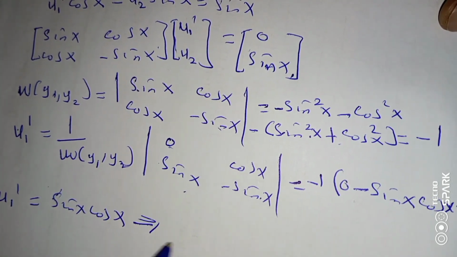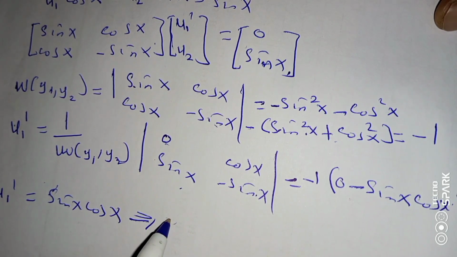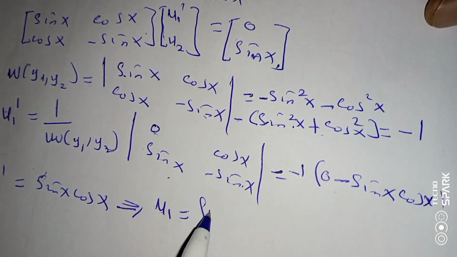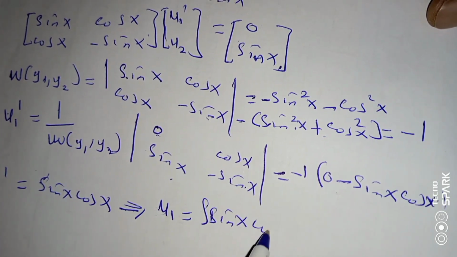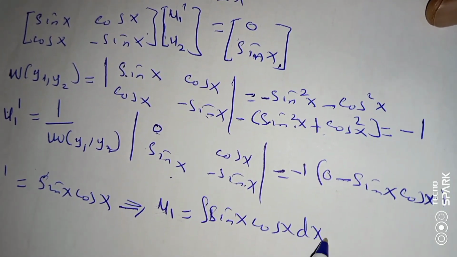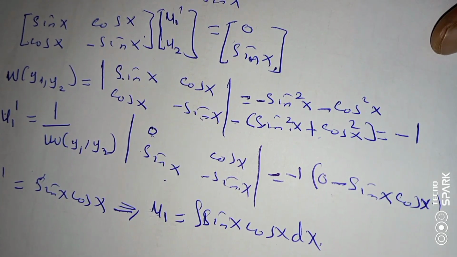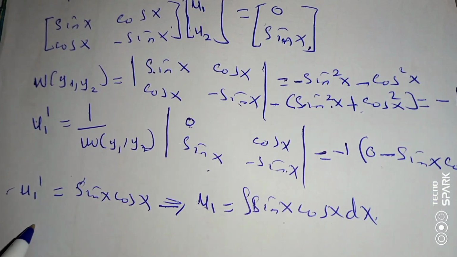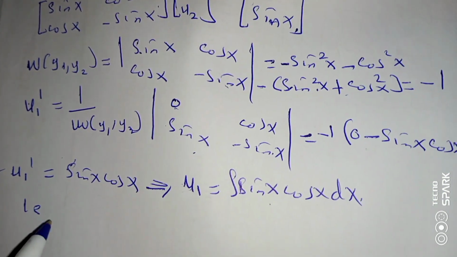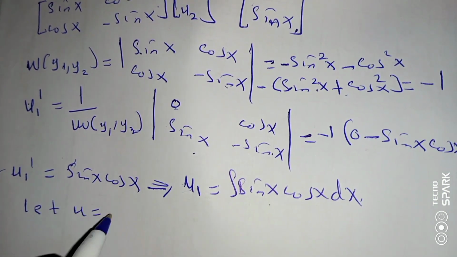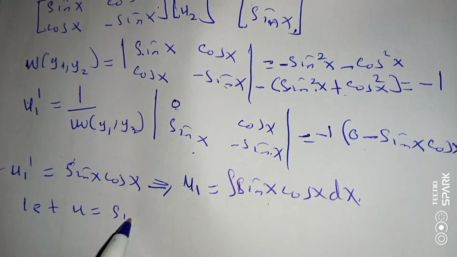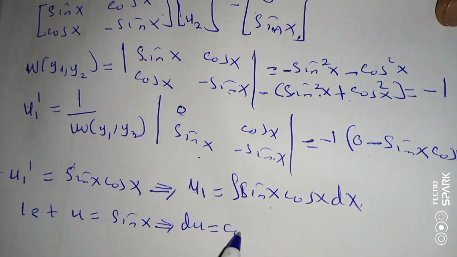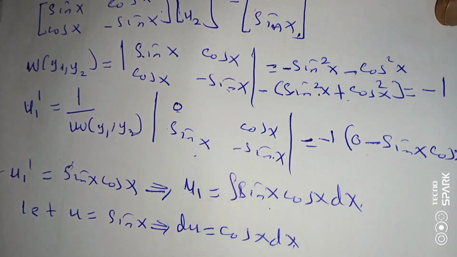Now to get u1, we integrate both sides so that you have u1 equal to the integral of sine of x cos of x dx. Now we can integrate this by what is called u substitution. So we let u be equal to sine of x, so that du will be equal to cos of x dx.